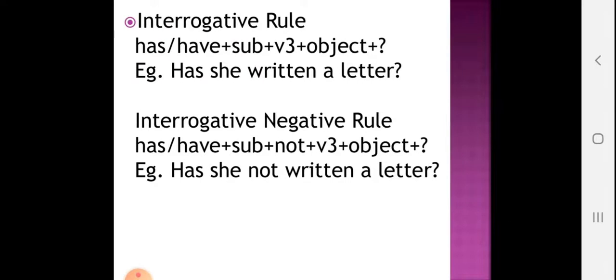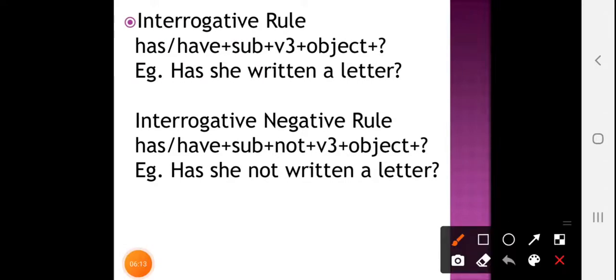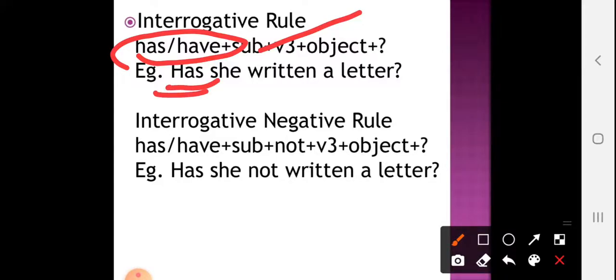Now how to convert these kinds of sentences into interrogative form? Again you need to remember has and have are the helping verbs, and when you convert these kinds of sentences into interrogative, you start the sentence with the helping verb, right? If the sentence contains has, you will start the sentence with has. If the sentence contains have, you will start the sentence with have.